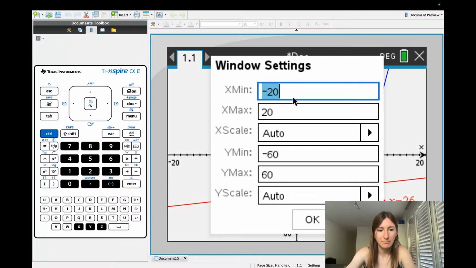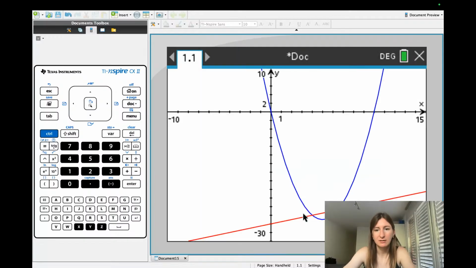So let's say minus 10 and 15, and minus 30 and 10. Let's try that. Yeah, that's way better. All right, so we can see that they do intersect at 2 points here.